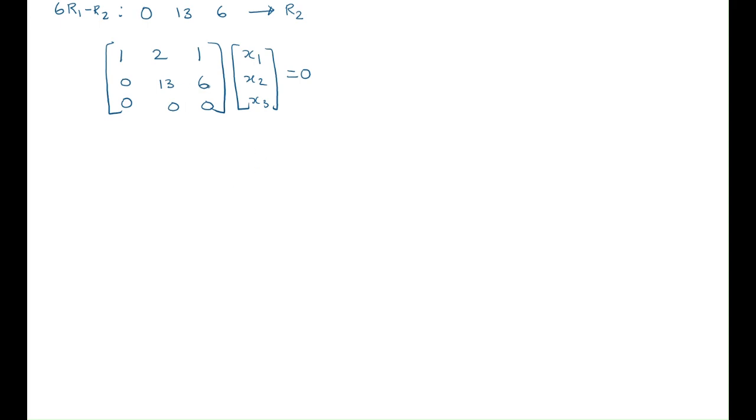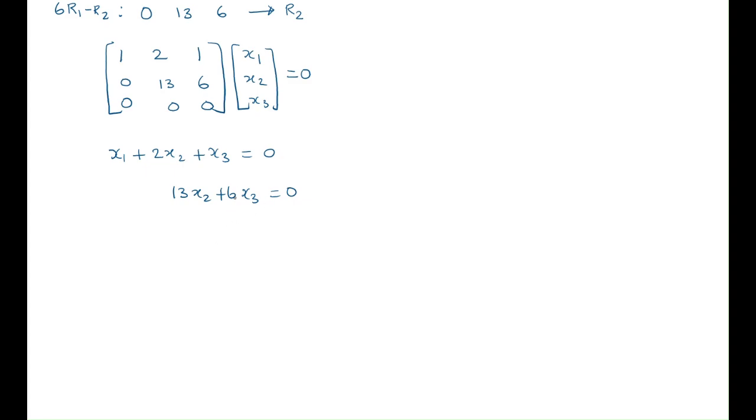So if I back solve it from the last, I will be easily getting the solution. But before that, let us write the multiplication of these two. 1, 2, 1 multiplied with x1, x2, x3. I have x1 plus 2x2 plus x3 equal to 0. And then 13 times x2 plus 6x3 equal to 0.